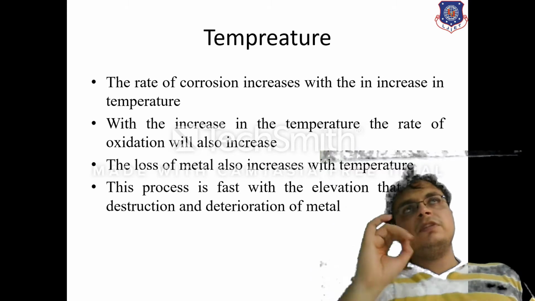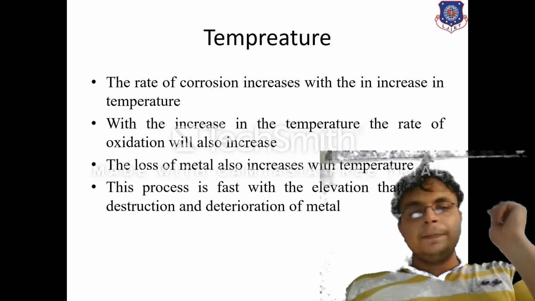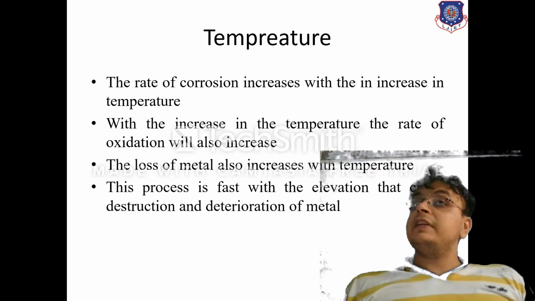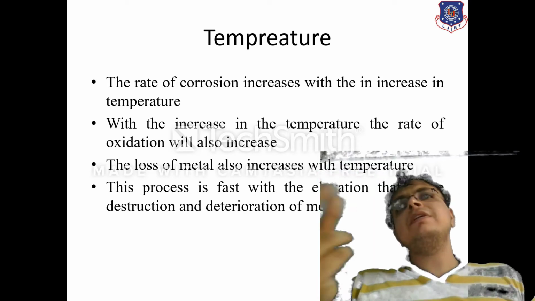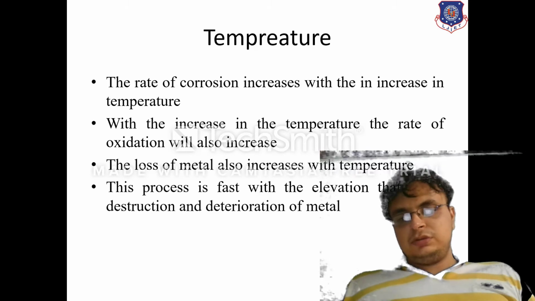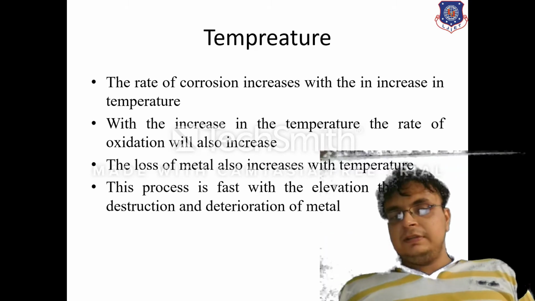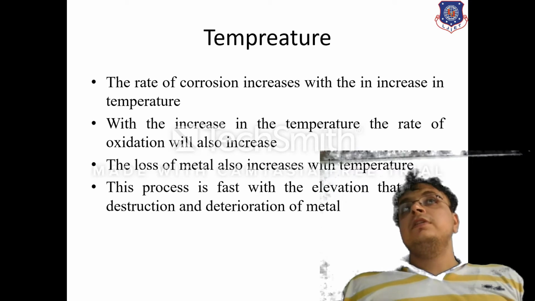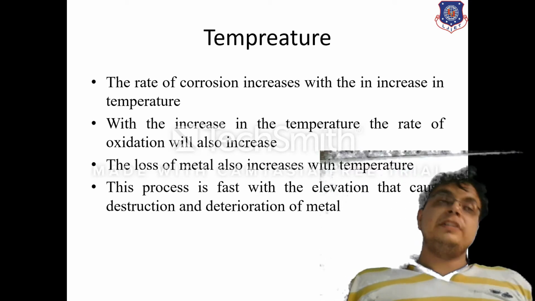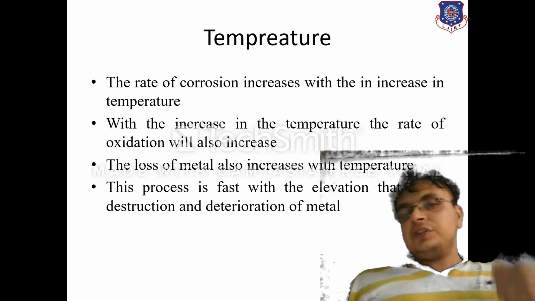And if the corrosion takes place, then the quantity of the metal will get reduced with the increase in the temperature, and this process can result in the deterioration of the metal and destruction of the structure.